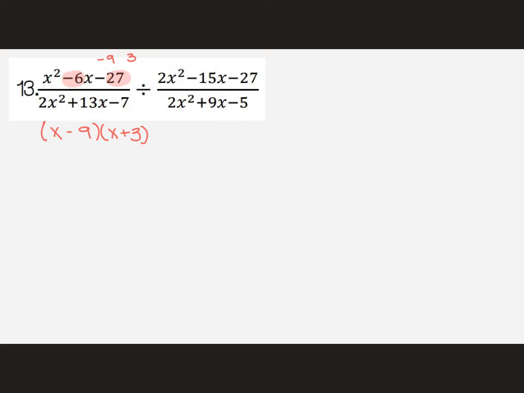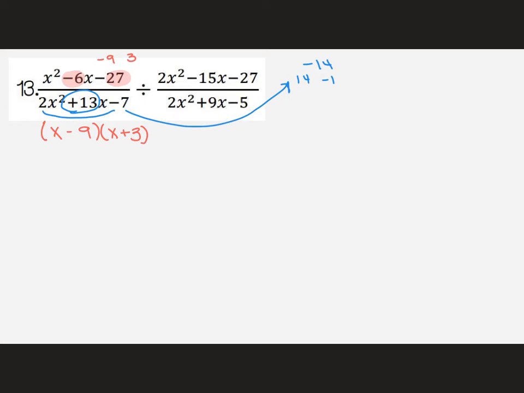For my denominator, I'm going to do 2 times negative 7. I'm going to do this over here. So that's negative 14. I'm looking for factors of negative 14 that add to be 13. So that's 14 and negative 1.